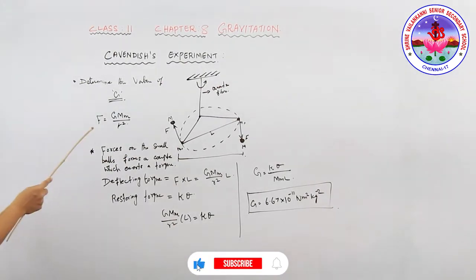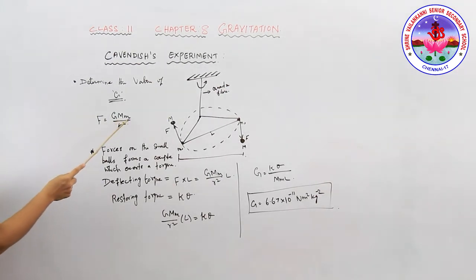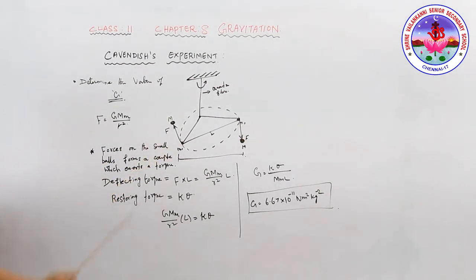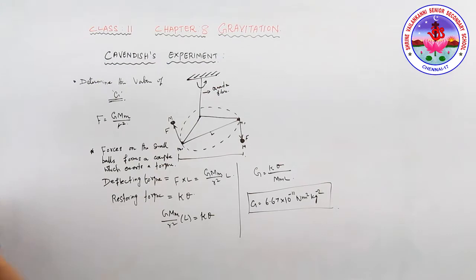So we get the force of attraction F, which is equal to G M m by R square. See, the forces on the small spheres form a couple. This will exert a torque. This torque deflects the rod and it is being twisted.